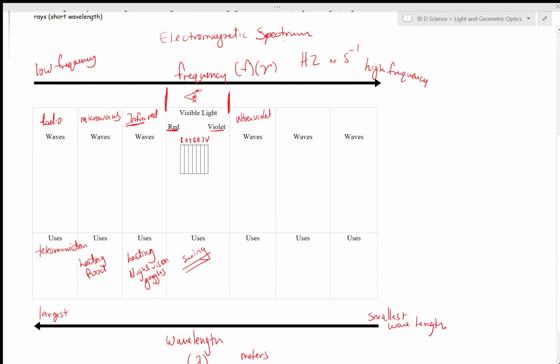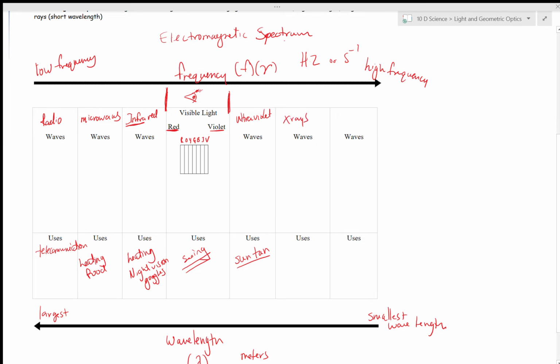In terms of ultraviolet, UV radiation, we use that for lots of different things. One of the things, of course, is getting a suntan. But there are lots of other uses for it. And then after ultraviolet radiation, we get into X-rays.